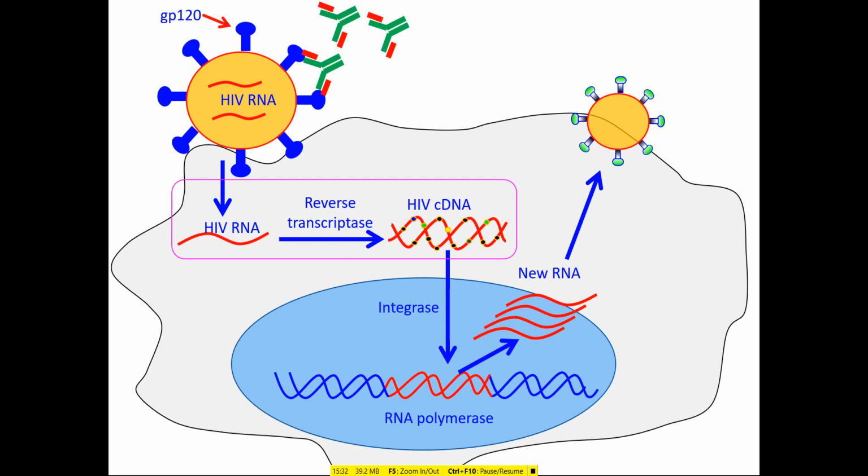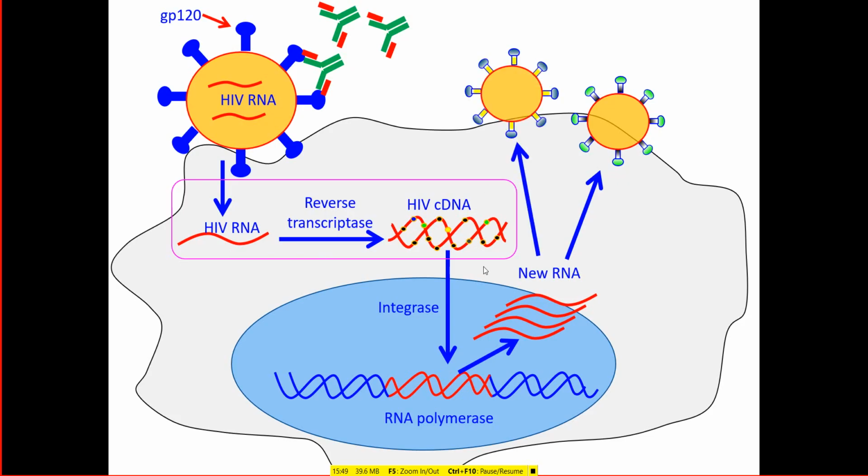It's called an error prone enzyme. What is an error prone enzyme? An enzyme which makes a lot of mistakes. So those mistakes would lead to a lot of changes in the cDNA, and it will lead to a lot of changes in the proteins which are produced.